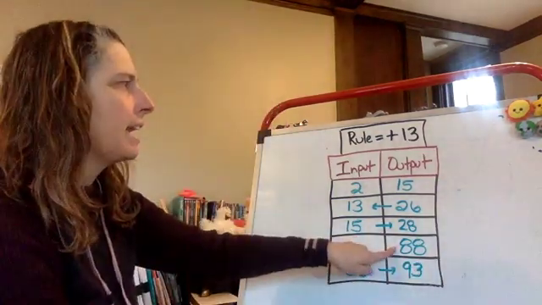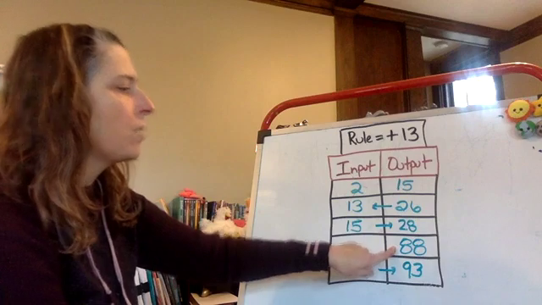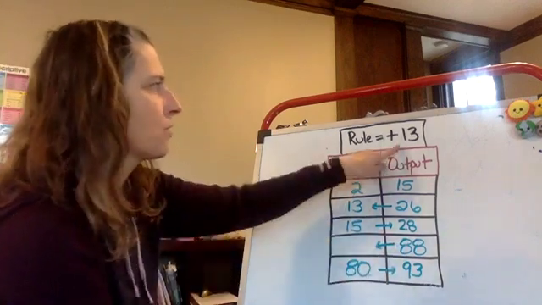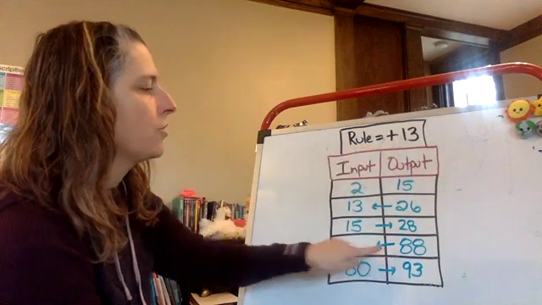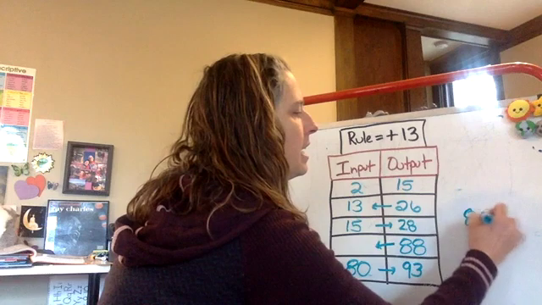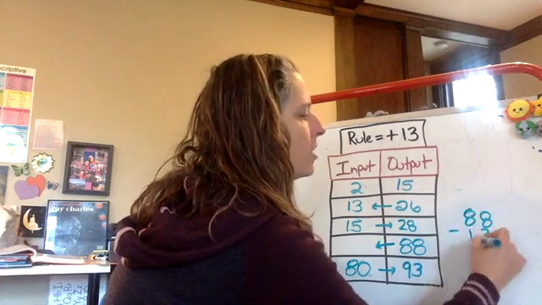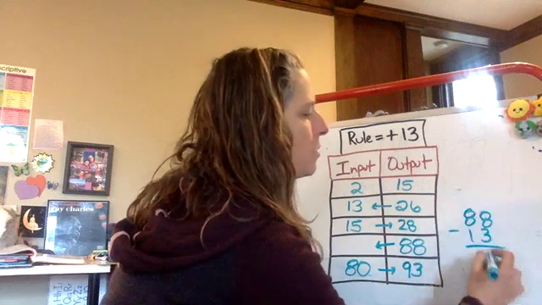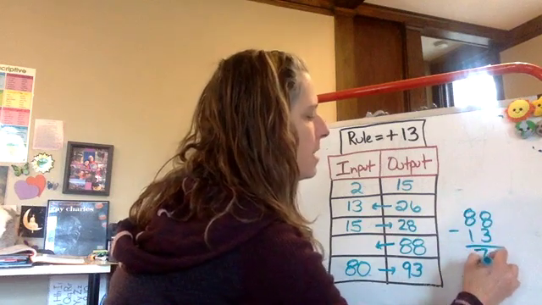I have 88 here in my output. In order to work backwards, I have to find the opposite of the rule, which is add 13. So I have to do 88 minus 13. 8 subtract 3 is 5. 8 minus 1 is 7.